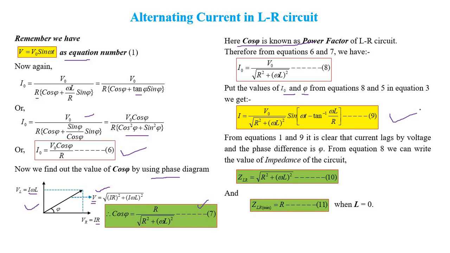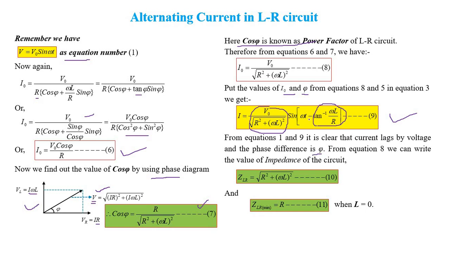Now here you can see the peak value of current is this. This is I0 and this is the phase angle. So from equation number 1 and 9, it is clear that the current lags the voltage and the phase difference is phi.